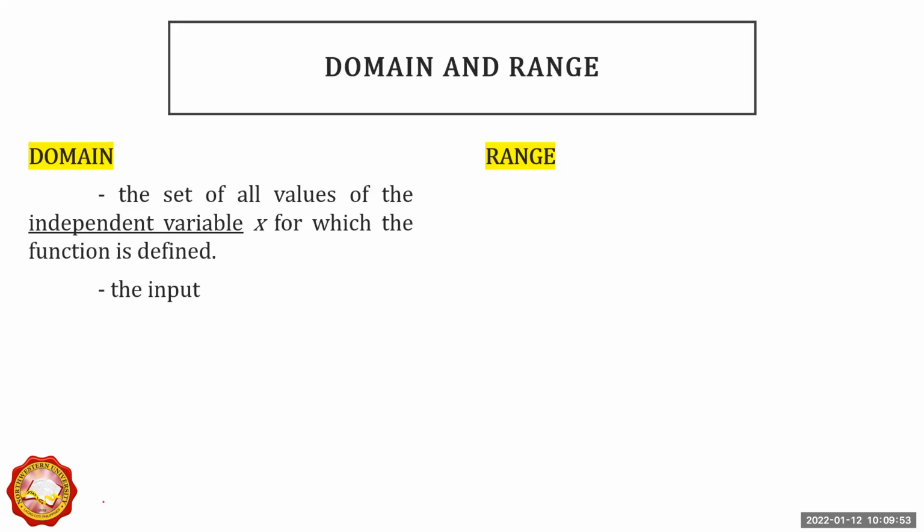Okay? And they are the input. Kaya siya sinasabing independent is, yun yung number na ilalagay natin for us to get a certain value of y. Pag sinabi kasi nating dependent, if you have your function here, y is equal to 3x. If you're going to input here a value, you'll be able to get your y.